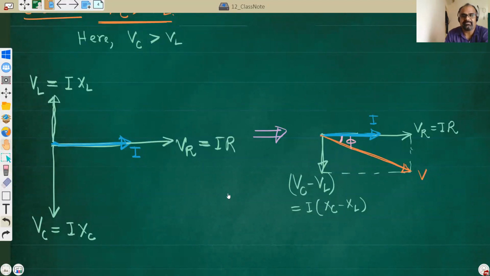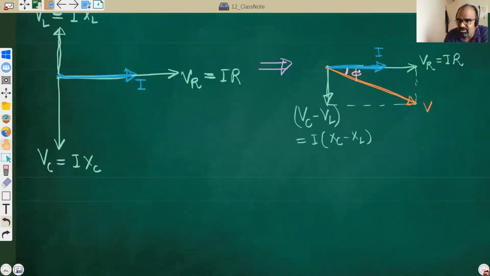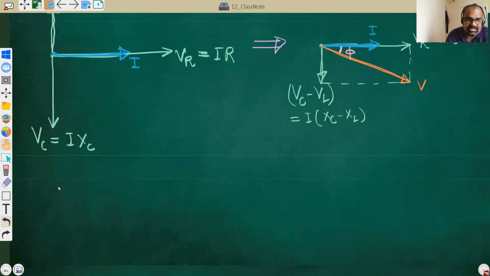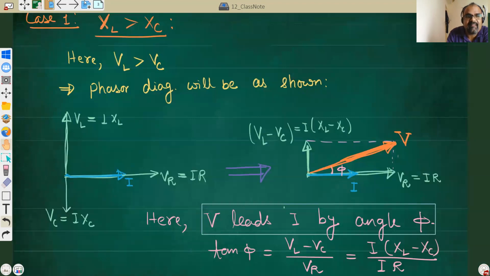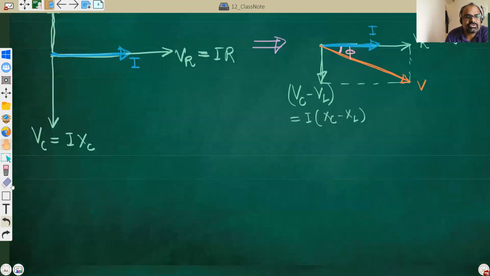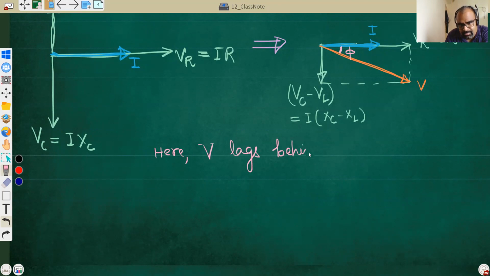So which one is leading? Here you can see that voltage is lagging behind the current. So here voltage lags behind current, by angle phi.